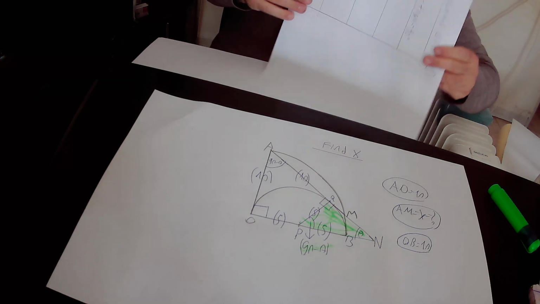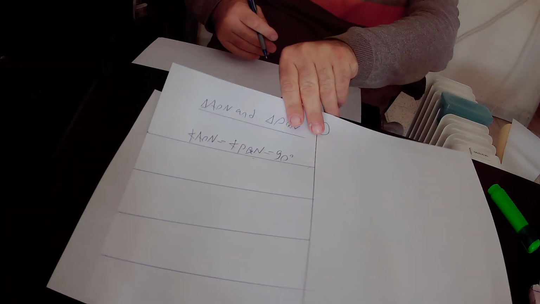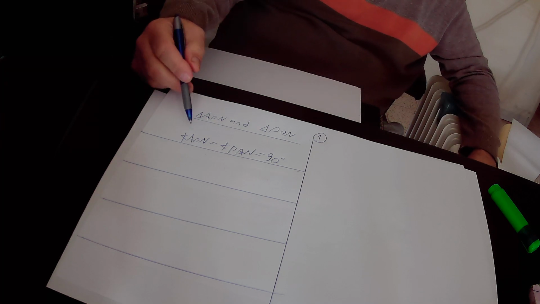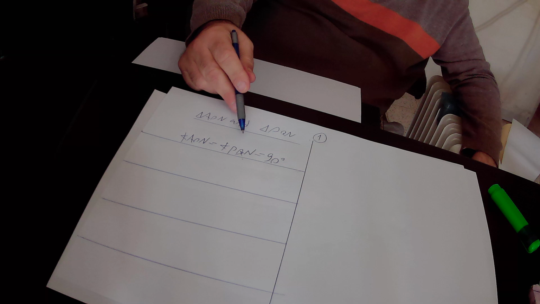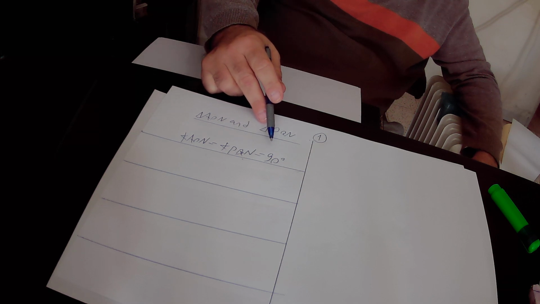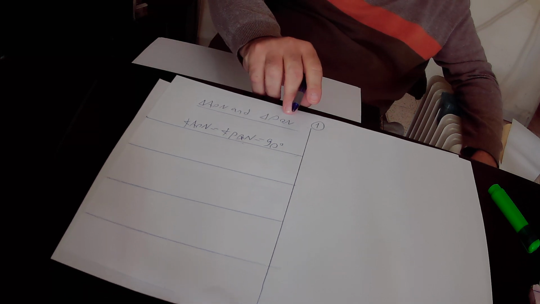Repeat again: angle AON in the big right triangle AON equals angle PQN in the green triangle. They are both equal to 90 degrees, therefore they are equal to each other.